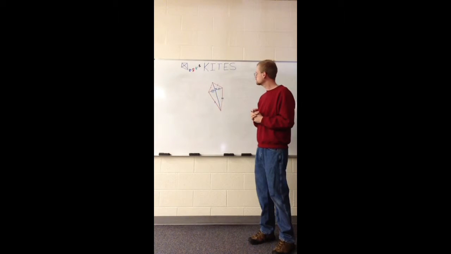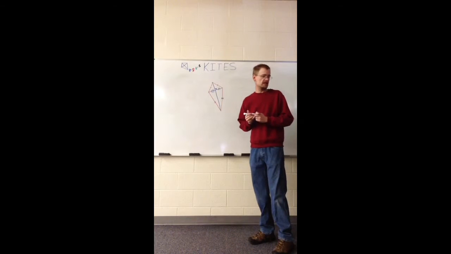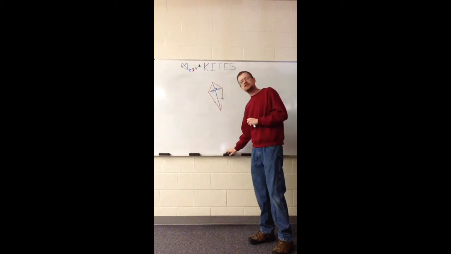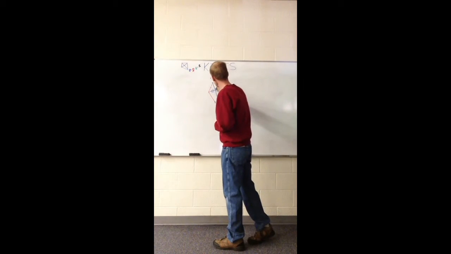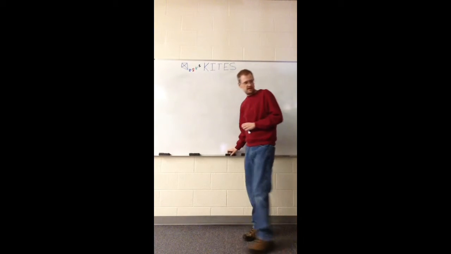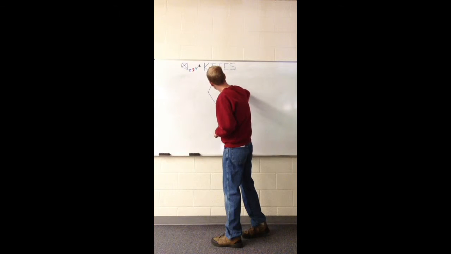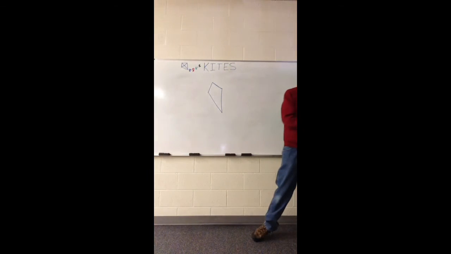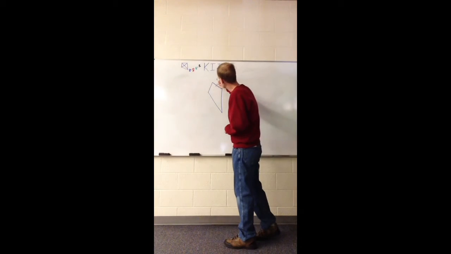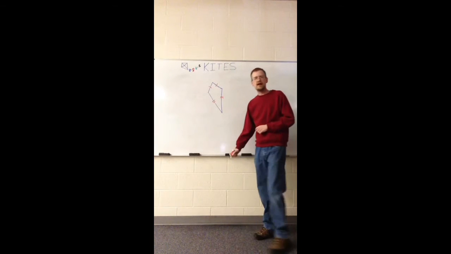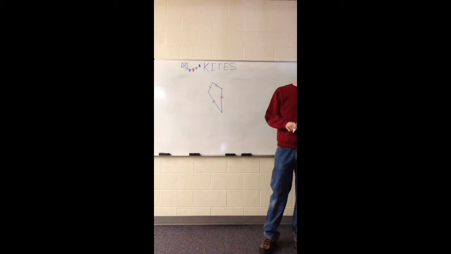Okay? All right. Let's go down to our third one, and let's do a little look at the angles. Okay? Let's take that off this time. I'll draw another one. Okay. So again, we have two consecutive sides congruent, like that. All right.